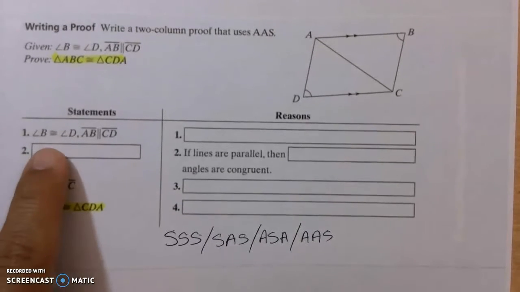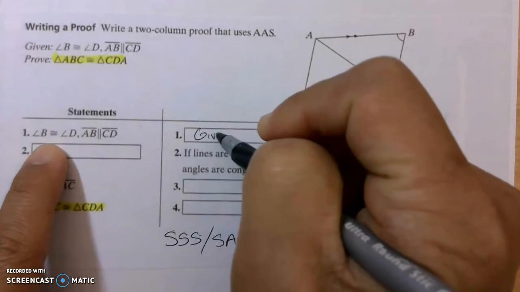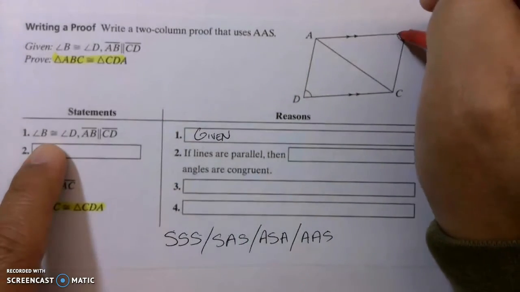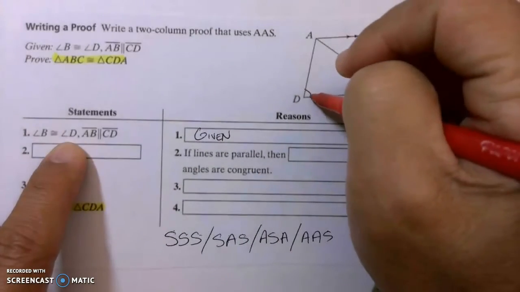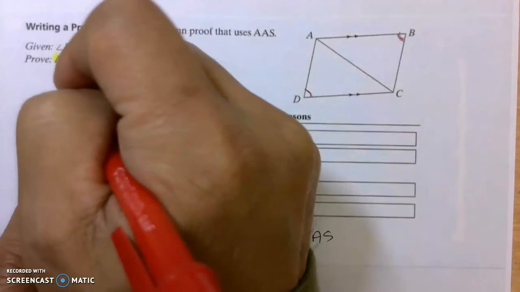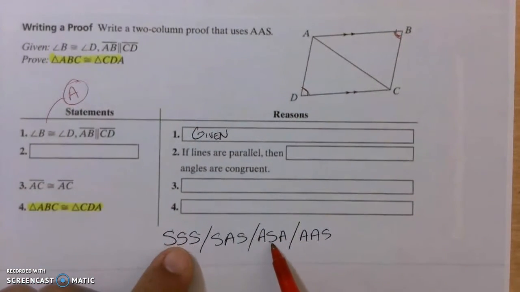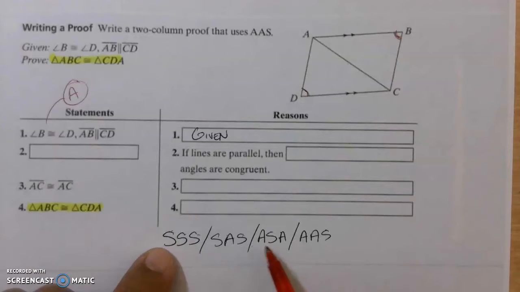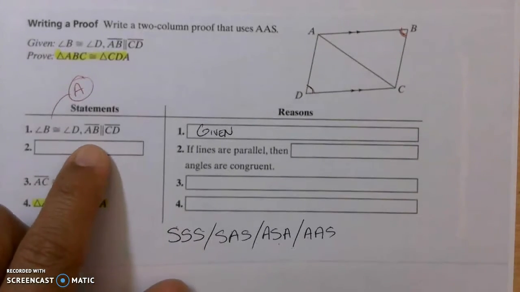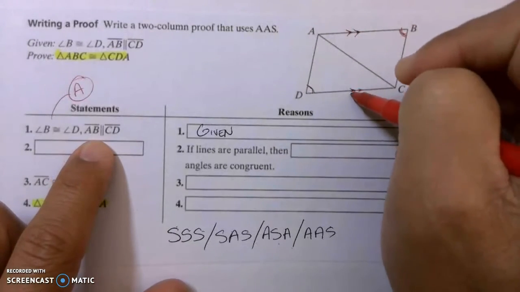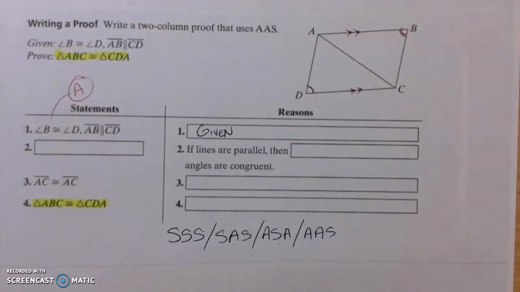So let's go, of course, to the given, but let's read what the given is and mark it up. It says angle B, tick mark, is equal to angle D, tick mark. So we already have an angle. And of course, that's not enough. We need angle, angle, side, or angle, side, angle. But it also said that these two lines are parallel. AB is parallel to CD. Because things are parallel, certain angles are going to be equal.